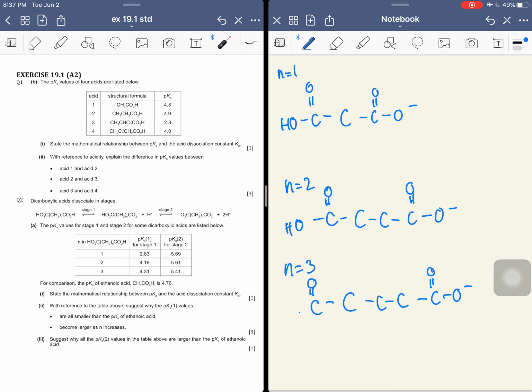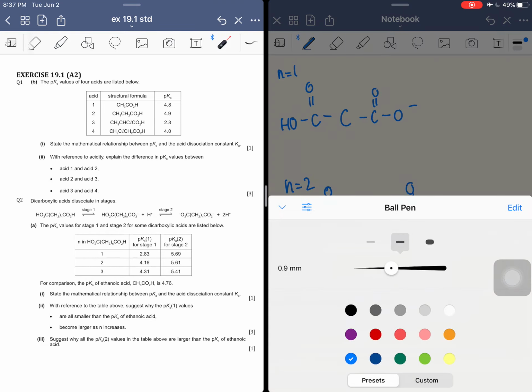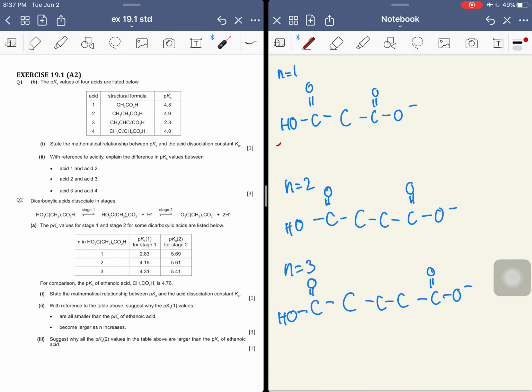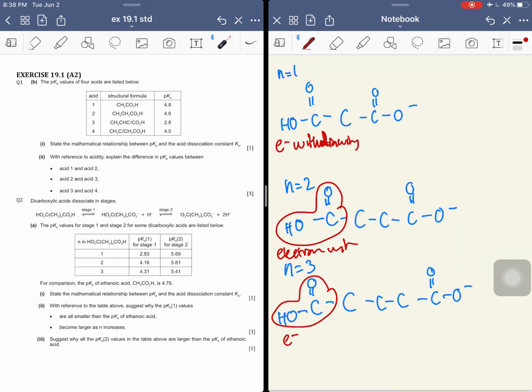Why do I talk about the anion? Same reason, because I want to talk about the stability. Remember that this group is an electron withdrawing group. Same thing, this one is electron withdrawing, and likewise electron withdrawing.